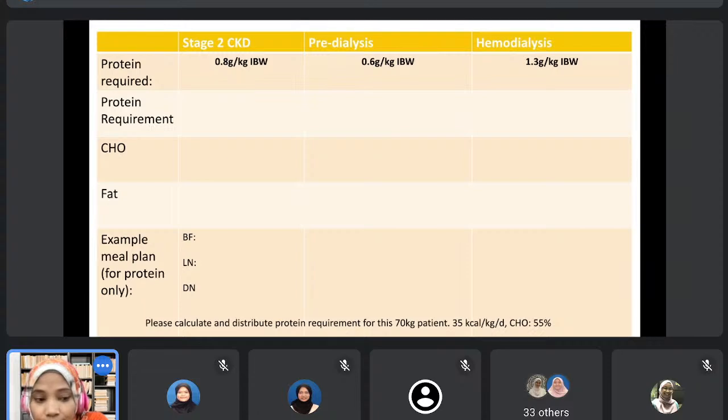Dia tahu exchange. Dia tak tahu serving. Janganlah tanya serving. Serving tu jadi apa? Berapa serving?